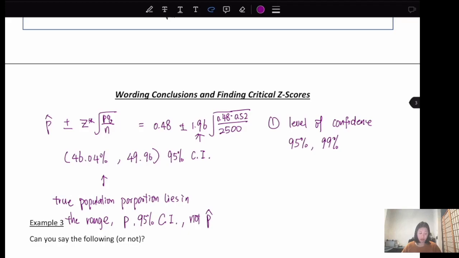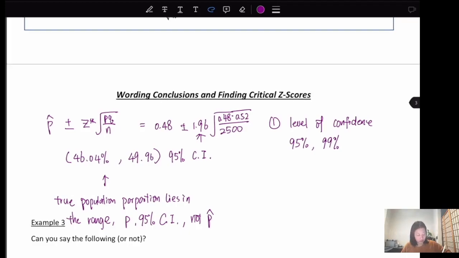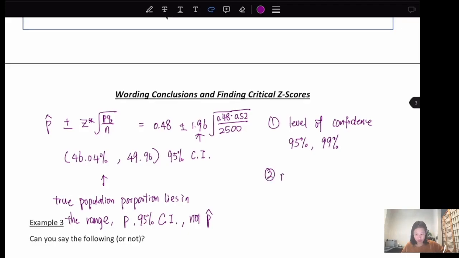That means how much you want to be sure that the true population proportion lies in that range. We want to be 95% sure, or 99% sure. The second part is the range of the values, which means we found the lower and upper bound.